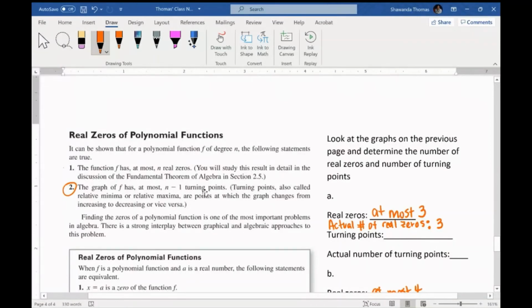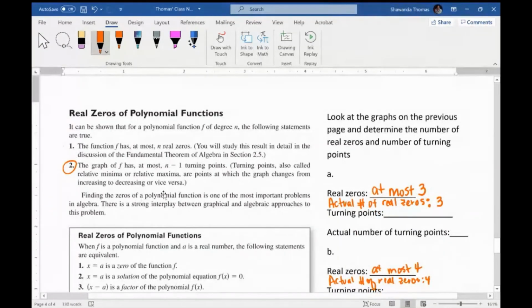Turning points, also called relative minima or relative maxima, are points at which the graph changes from increasing to decreasing or from decreasing to increasing. Finding the zeros of a polynomial function is one of the most important problems in algebra.